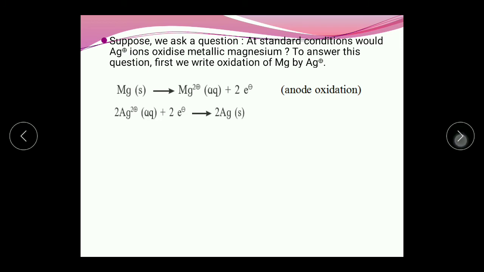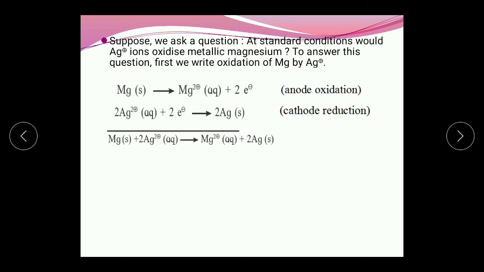Now, Ag plus ions will be at cathode and they will undergo reduction by accepting those electrons coming from anode and will get converted into metallic silver, and this is cathodic reaction. What will be the net cell reaction or overall cell reaction then? We'll just add these two reactions by cancelling the common two electrons and we will get this.